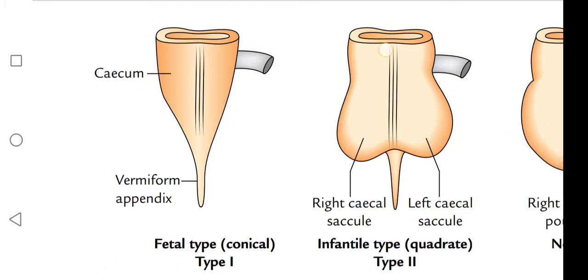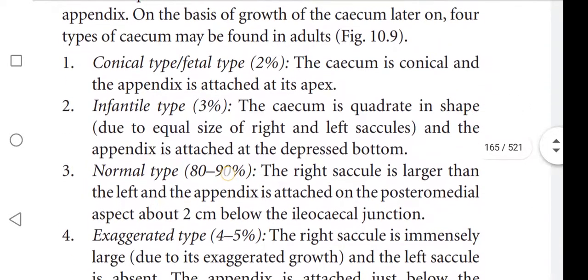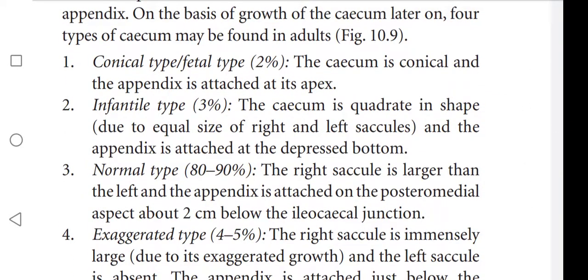Once again, for your remembrance, it is of 4 types. First, conical type, also called fetal type, it is 2%. Cecum is conical in shape and the appendix is attached at its apex.